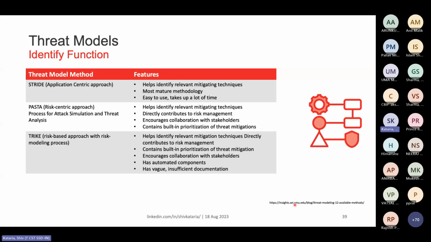Then we have PASTA, the process of attack simulation and threat analysis. It has its own advantages. One of them is that it encourages collaboration between the different stakeholders in your environment. The third one is TRIKE. It's a risk-based approach, and it has some automated components built into it. But one drawback is that it has insufficient documentation on how to use the model itself.